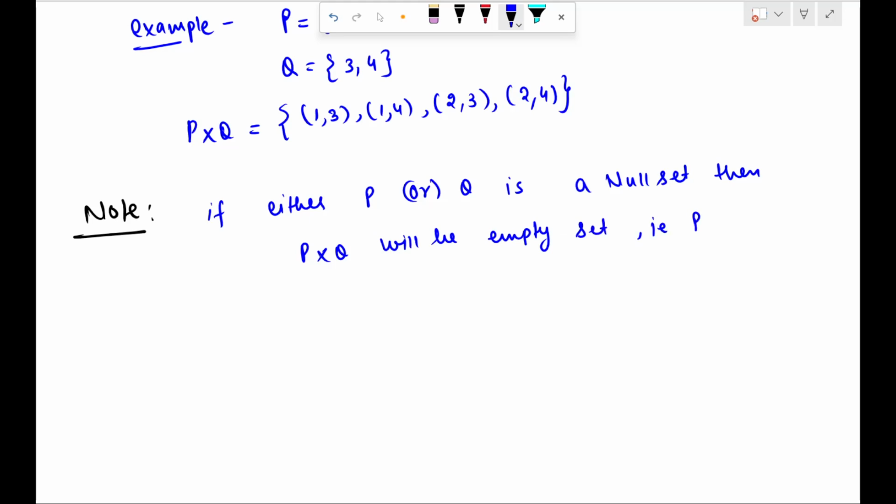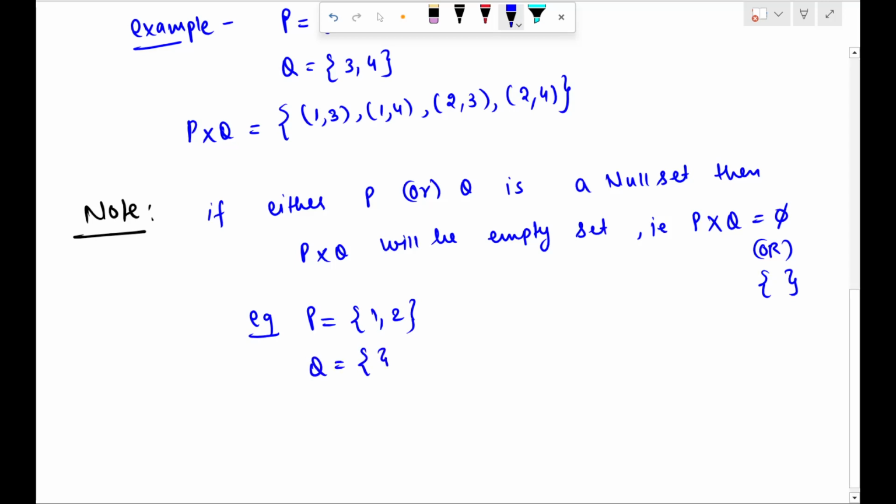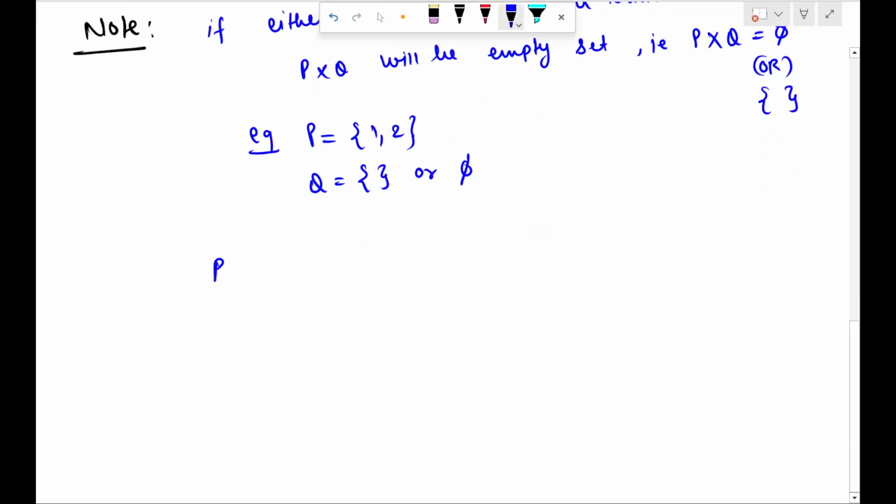That is, P cross Q is equal to phi, the empty set. For example, P is {1, 2} and Q is an empty set, or we can say phi. So P cross Q is equal to the empty set.